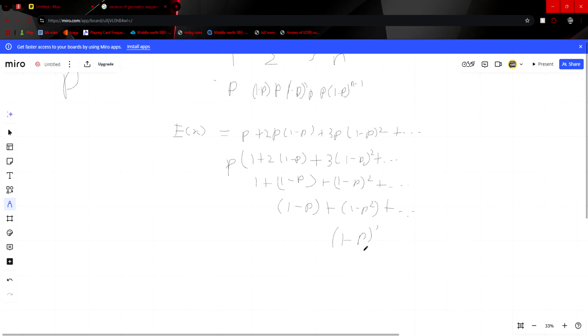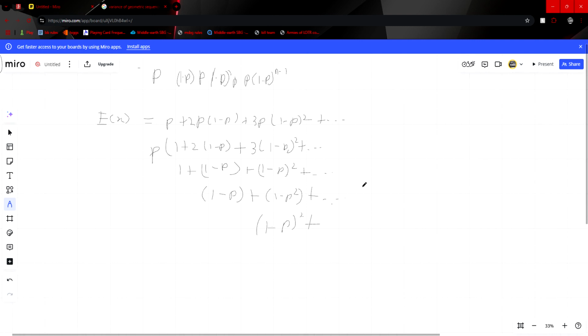So there's 3 of those, and then for the next one there'll be 4, so a pile of 1, a pile of 2, then a stack of 3, then a stack of 4, and so on.